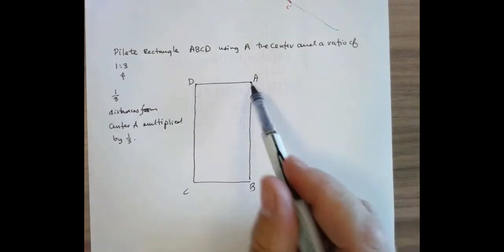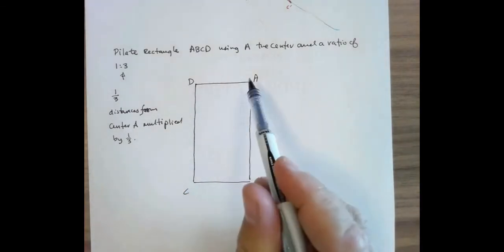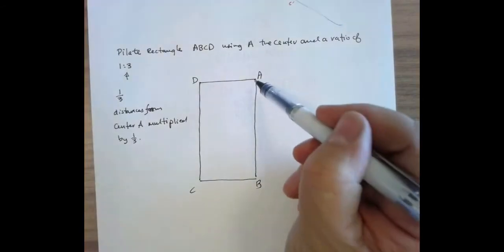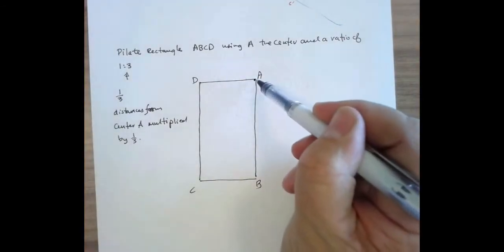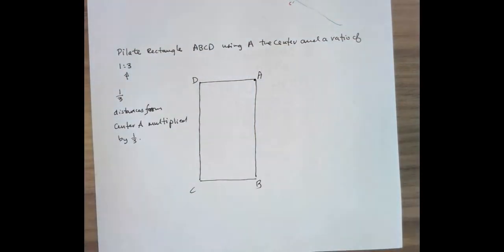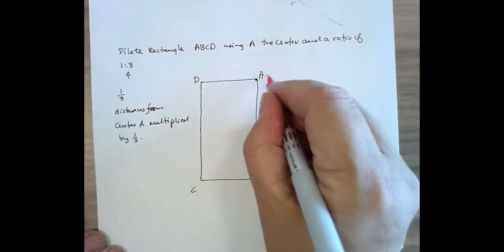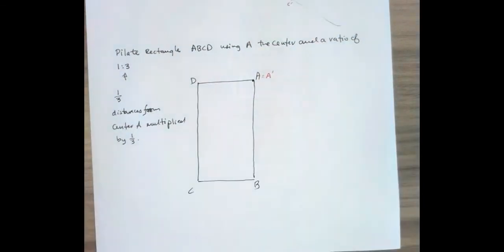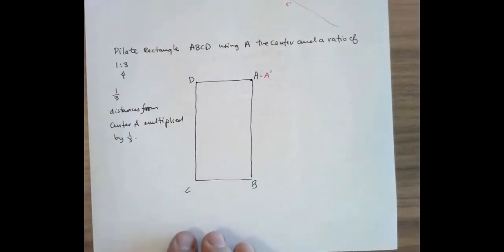Now the rectangle has 4 points that define it, A, B, C, D. Fortunately, A is the center, so it doesn't move at all. Its distance from the center is 0, and we multiply that by 1/3, and we still get 0. So A and A prime are the exact same point. And when you dilate, the central point doesn't move at all.